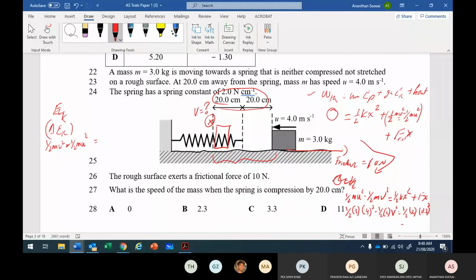Plus the friction. Friction is 10, and how far? It was pushed 40 centimeter, so 0.4. So from here, please work out your v. That should be your answer.